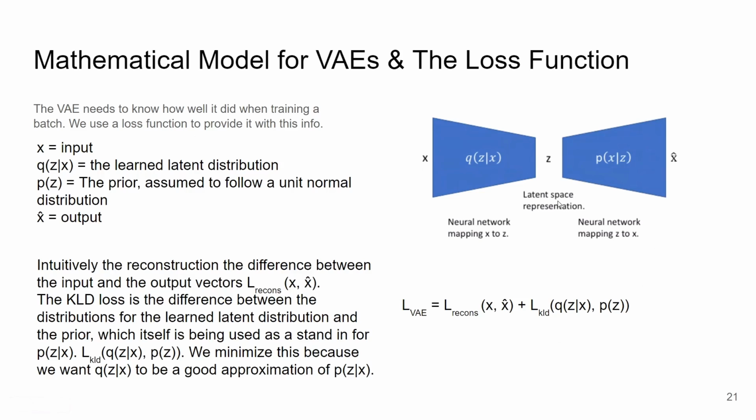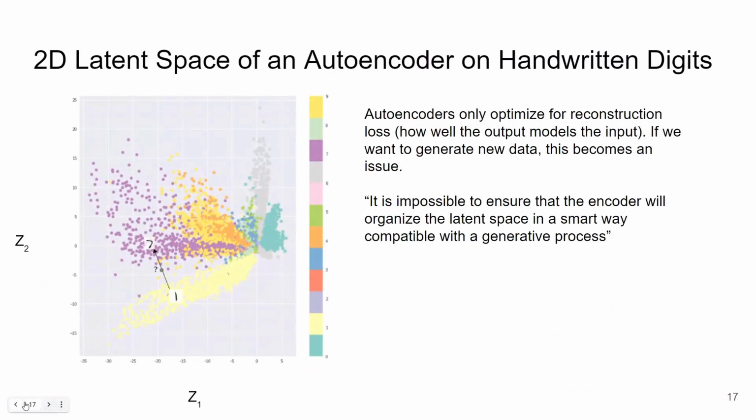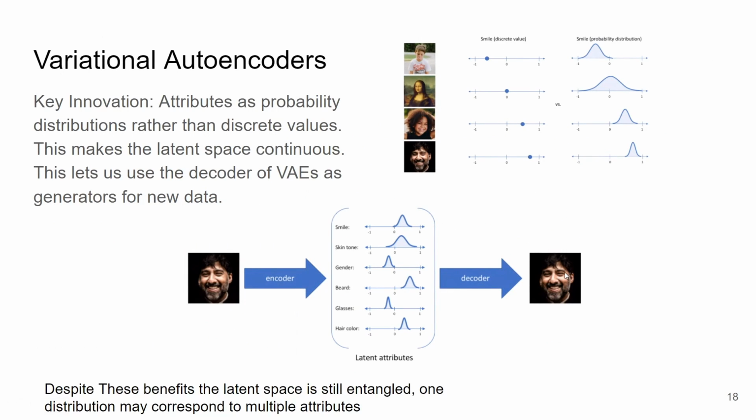We need a loss function to tell it how well it's done after every single pass. For a normal autoencoder, the loss function is literally just, we ask it, how well does this output face match this input face? The goal is to have them match up as perfectly as possible, and the better these faces match, the better it's done.